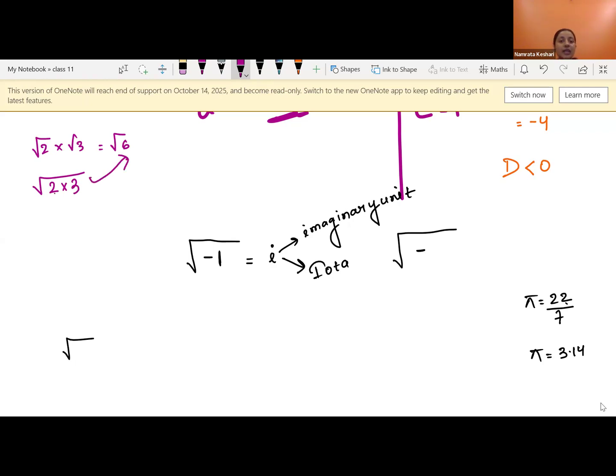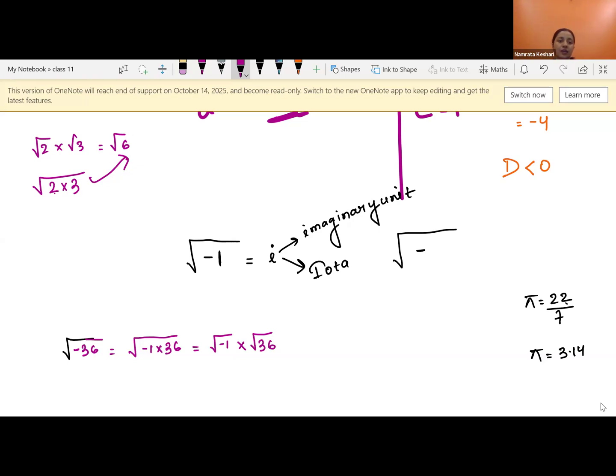Similarly, if we have minus root 36, we can break it also, the way you are adding them together. I can write it as minus 1 into 36, and I can separate it so that one root contains minus 1 and the other root contains 36. Is it making sense how I am breaking it?